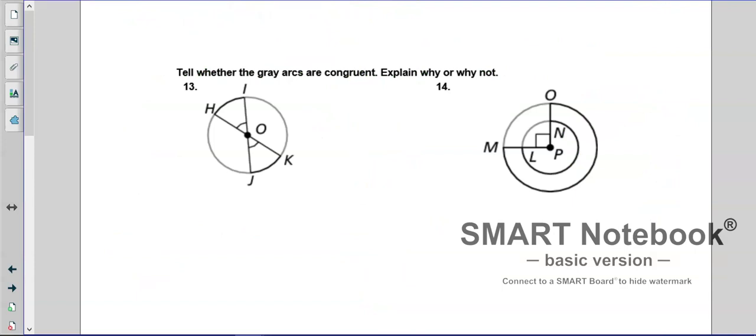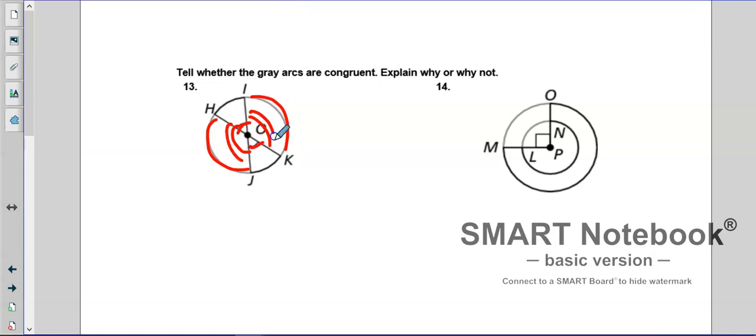Okay, 13 and 14. Tell whether or not the gray areas are congruent. All right, so the gray areas, hopefully you can tell by this, it's the lighter ones. So we're talking about HJ and IK. Well, if you notice, we have vertical angles here. Well, guess what?